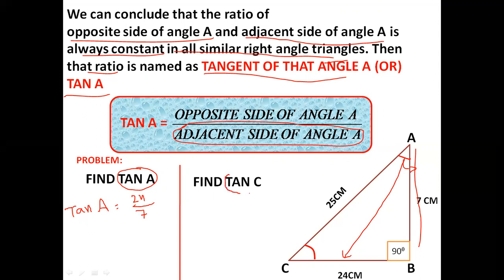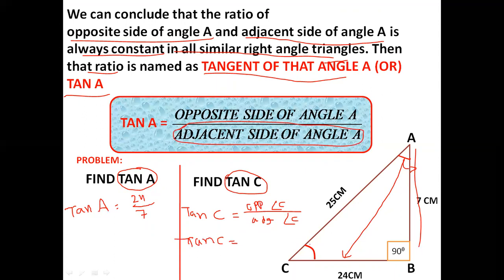Now you find tan C. Tan C is the tangent of angle C, the ratio of opposite side of angle C by adjacent side of angle C. I am not writing fully. So tan C is equal to what?